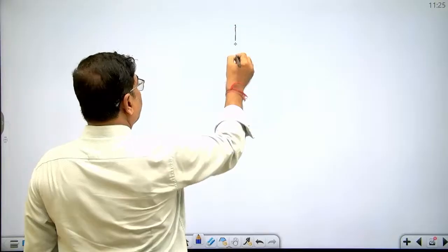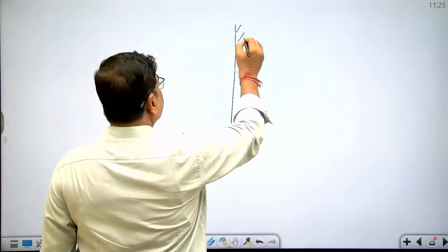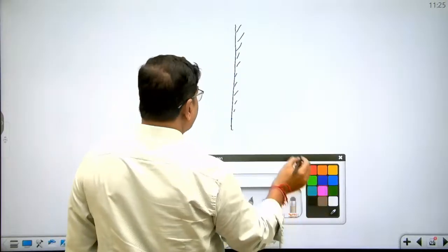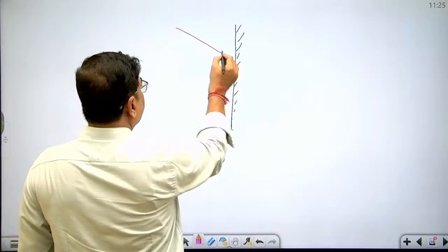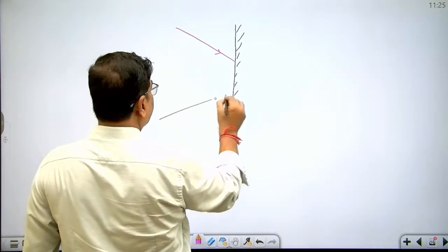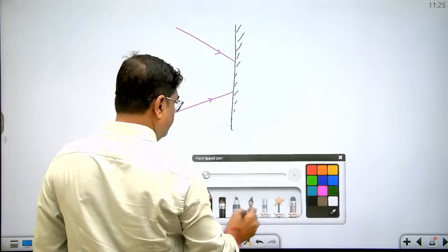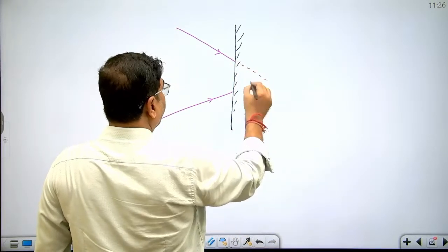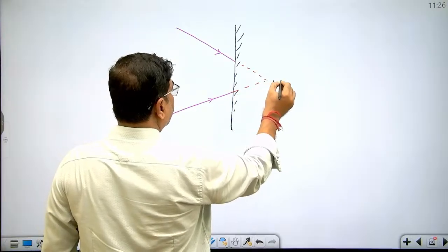See, how do we define the virtual object? The converging incident ray forms virtual object. Angle of incidence remains equal to angle of reflection. This is incident ray and this is also incident ray. We are projecting these rays. This is virtual object.